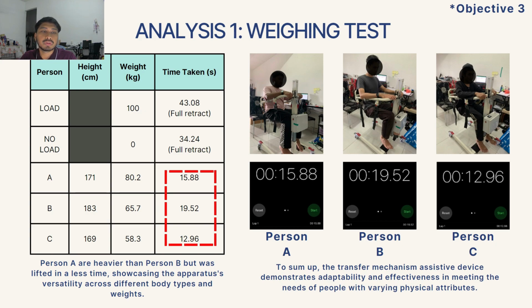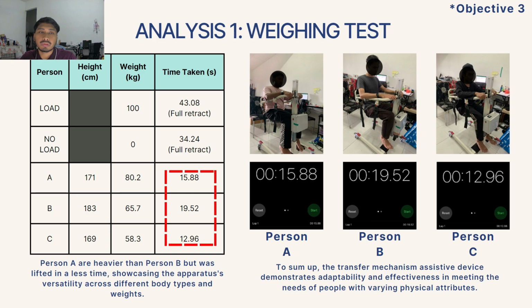For the second person, person B, his height is 183 cm and his weight is around 65.7 kg, and the time taken for person B to be fully lifted is 19.52 seconds, slightly longer than person A. For the last person, with a height of 169 cm and a weight of 58.3 kg, person C only took 12.96 seconds to be lifted.